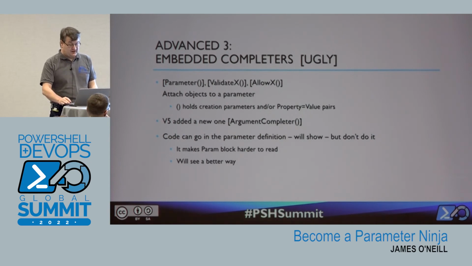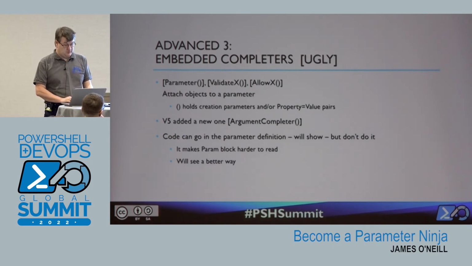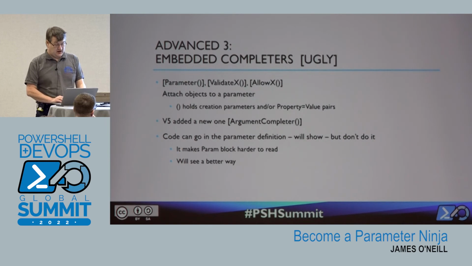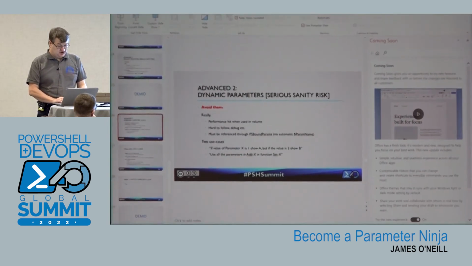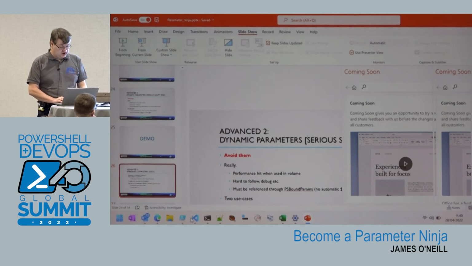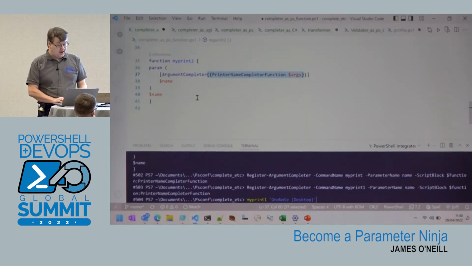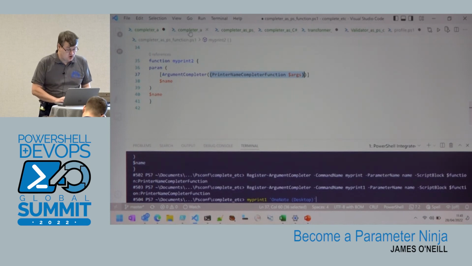Now, what you can do with the argument completer is you can put the whole of the function code in there. So when I showed you this before, here we had a script block that said, call this function with a set of arguments. Now I've got a version called completer as ugly here.